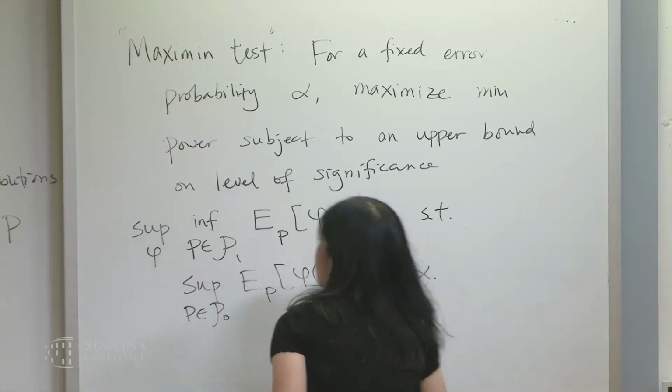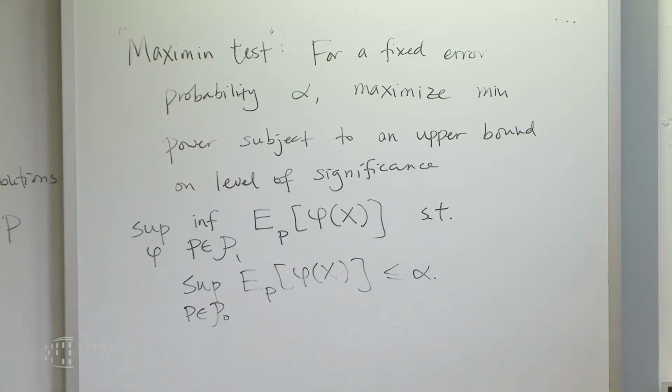Here phi is the test. Based on observing data, capital X, it makes a decision, either 0 or 1, meaning null hypothesis or alternative.